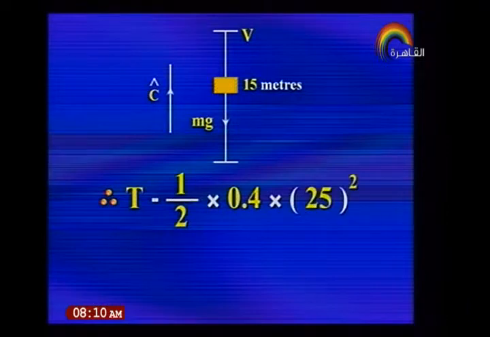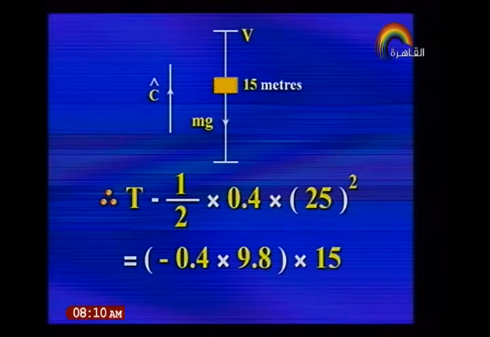It is 400, by dividing by 1000 to convert it to kilogram. Then T minus half times 0.4 times 25 squared, the velocity, equals negative 0.4 times 9.8 times 15.